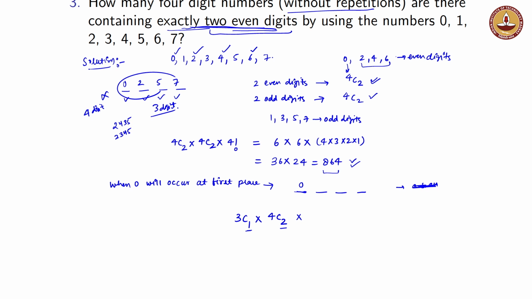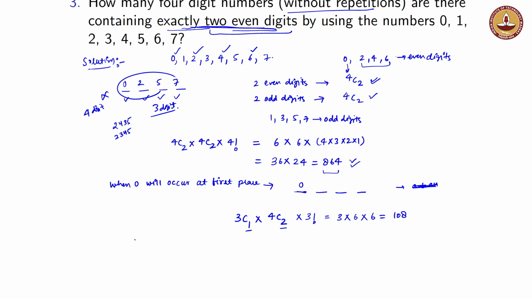Since this is a number, order will matter. So we can arrange these three numbers in 3 factorial ways. We will solve this. We get 3 into 4C2, which is 6, and 3 factorial is again 6. So it will be 6 into 6, 36, into 3. It will become 108.